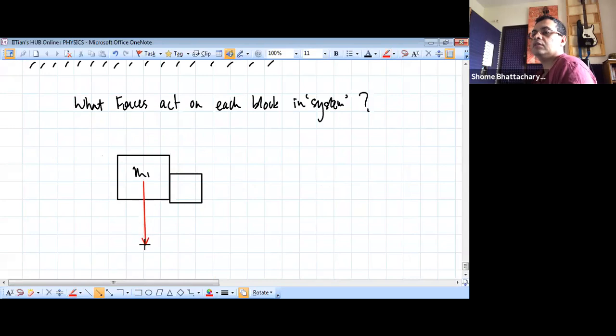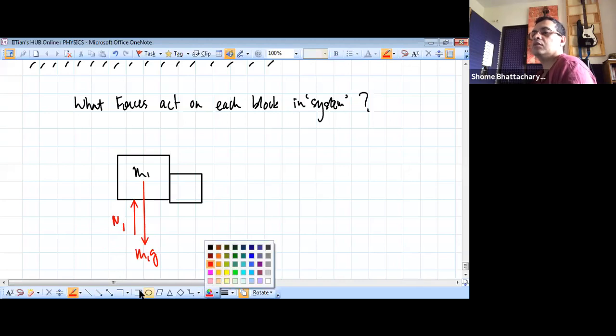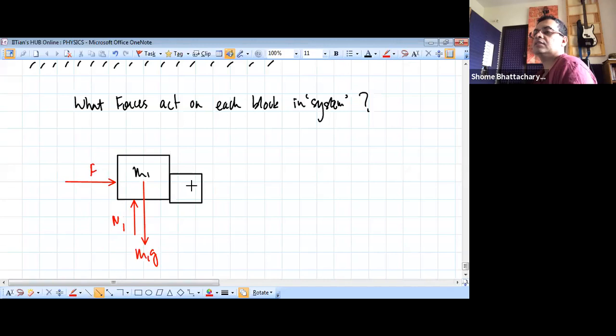It has its weight. Now the ground is pushing it upwards with an equal and opposite force, which is the normal reaction that the ground is applying. But because we are applying this force F, it's also getting pushed back by the block it is against with some normal contact force N.